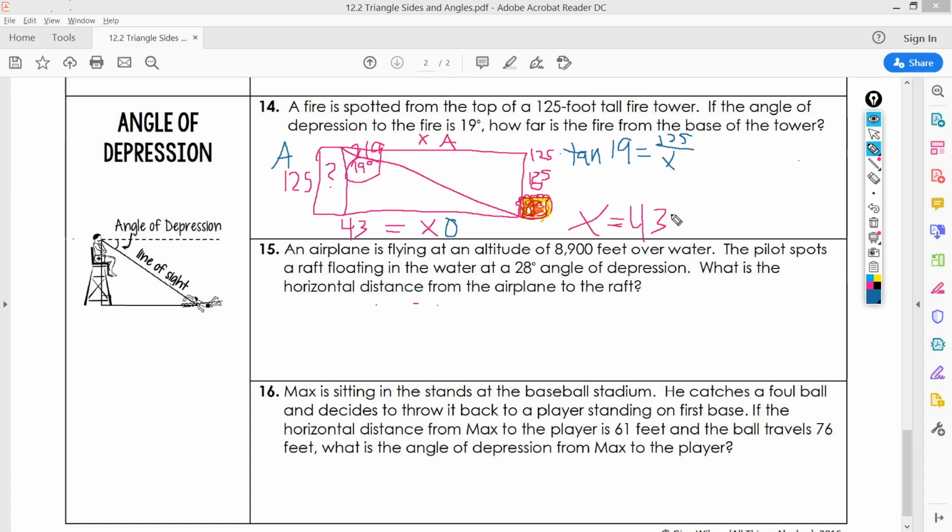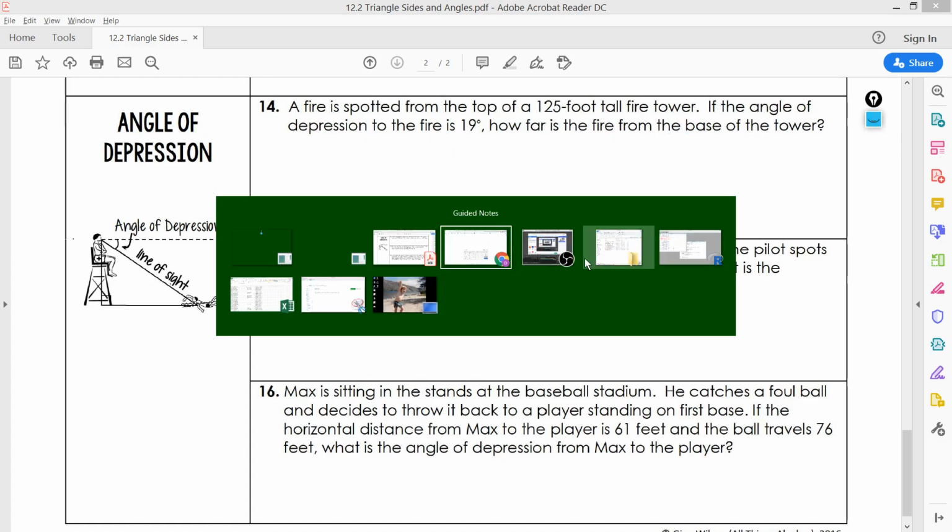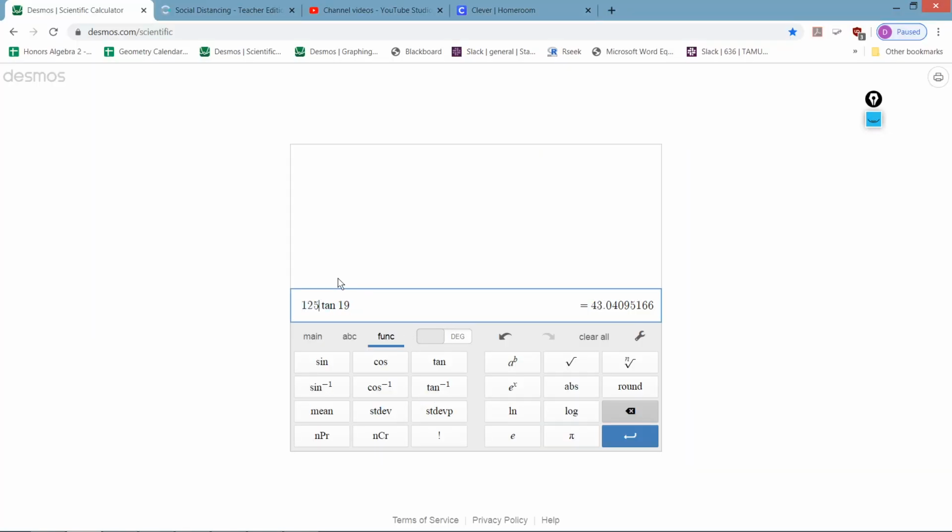So just like the last problem, same idea. Multiply both sides by X, divide both sides by tangent of 19. So I get X equals 125 over tangent of 19. So I'll type that in instead. Look at this.